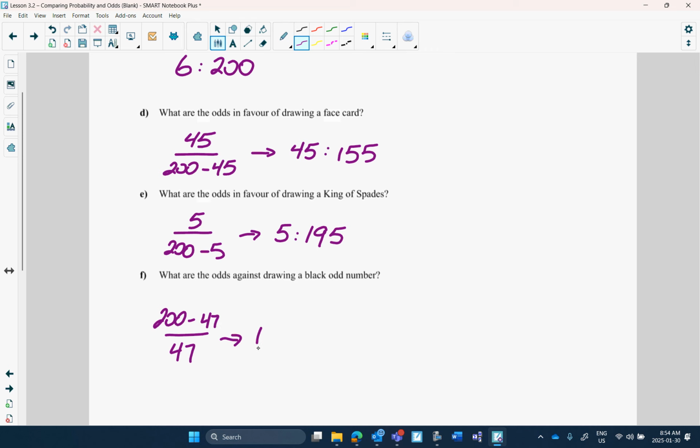And that works out to 153 to 47. So that's the relationship between odds and probability and how we calculate each of those.